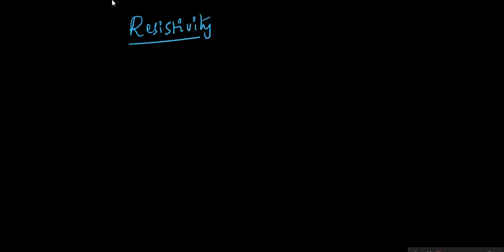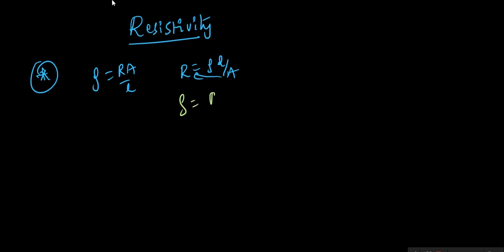What is the formula? Rho equal to RA by L, which is nothing but R equal to rho into L by A. Cross multiplying, you get rho equal to RA by L. So this is the formula.